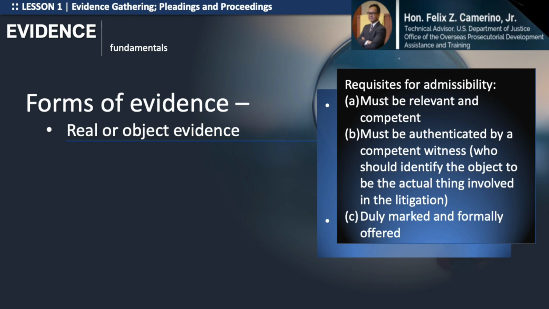So if you collect an object as evidence, you would, at the scene where you collected it, mark it so that the marking stays on that object throughout the proceedings, so it can be identified to be the same object that you collected and the same object that's being presented at the hearing. So there you have it.